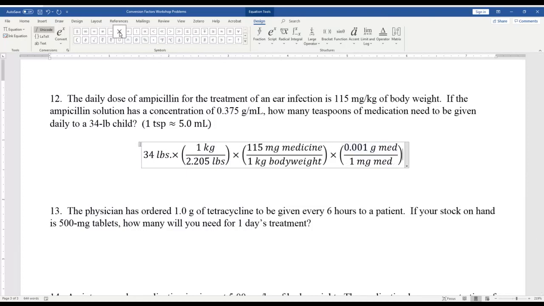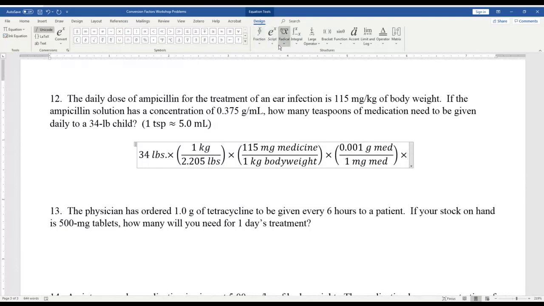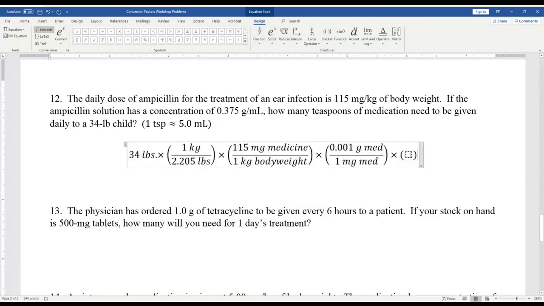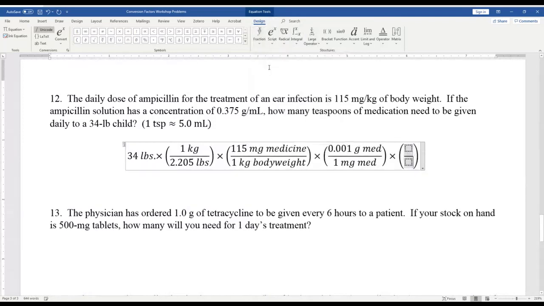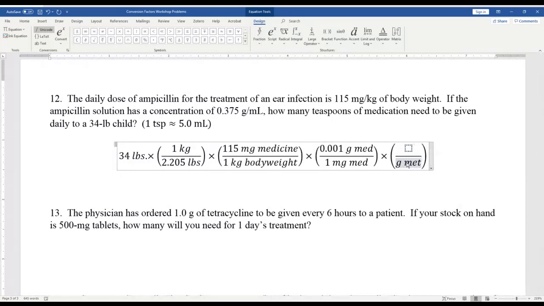And now that I have grams of medicine, I can convert grams of medicine to what?